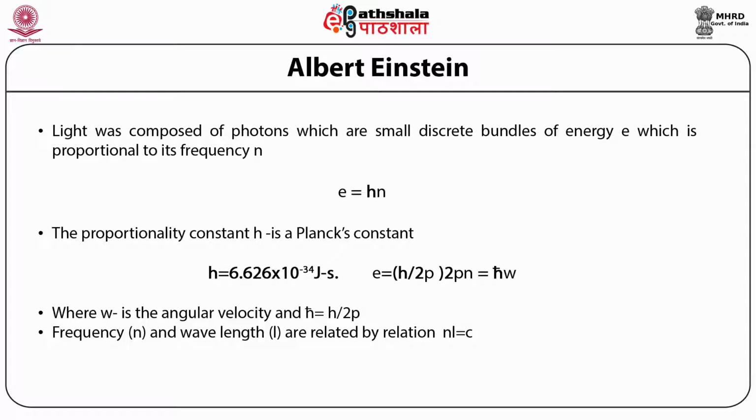And epsilon is equal to h upon 2 pi multiplied by 2 pi nu, or it can be called h cross omega, where omega is the angular velocity and h cross equals h upon 2 pi. The frequency nu and wavelength lambda are related by the relation nu lambda equal to c.